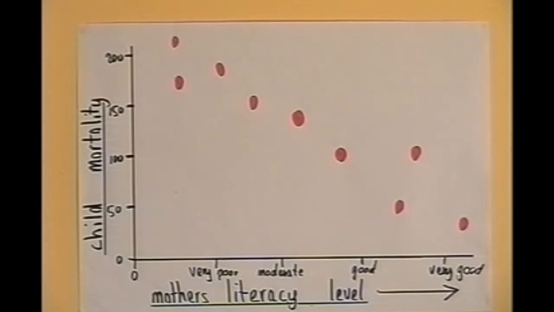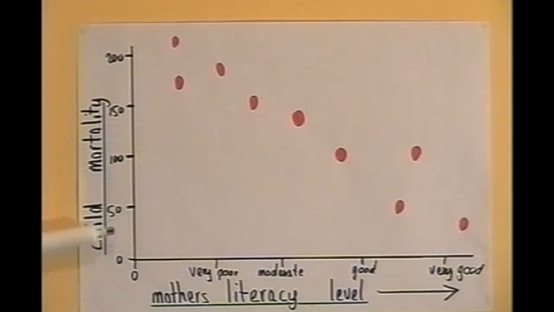Now this graph, another bivariate scattergram, is showing an example of a negative correlation. What we're looking at here is increasing child mortality, and here the increasing literacy status of the mother. Now this is not precisely numerical. We've got very poor, moderate, good and very good literacy status of mothers.